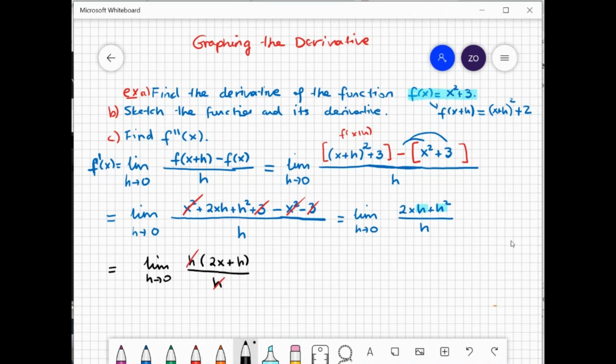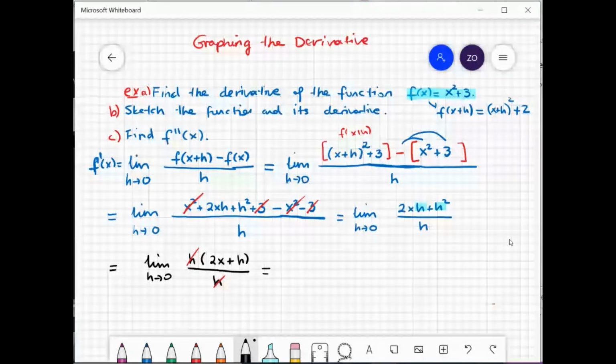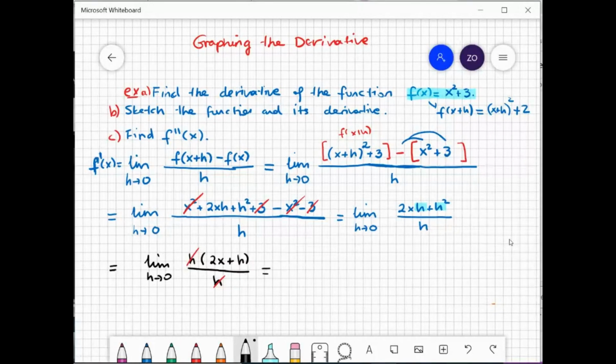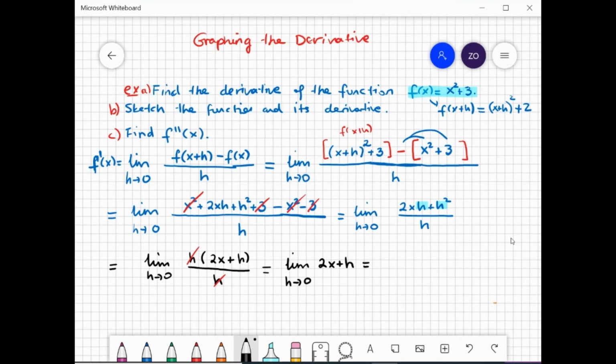And what does this result in? The h's will cancel. And can you evaluate this limit? What is the limit as h goes to 0 of 2x plus h? What should we find here? Remember, as long as the function is continuous and defined at that point, we can just plug in the value.